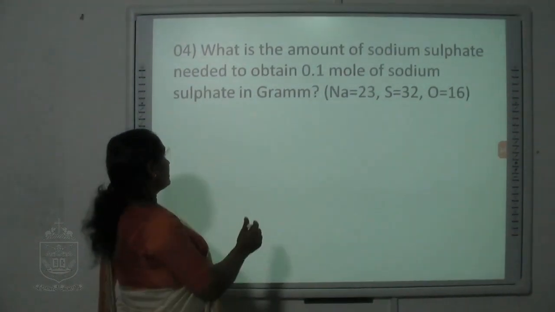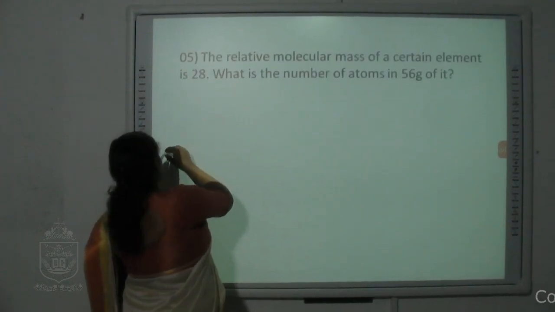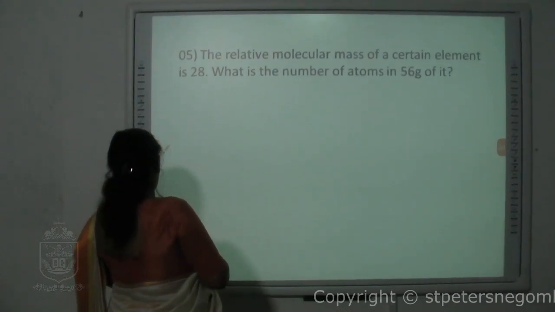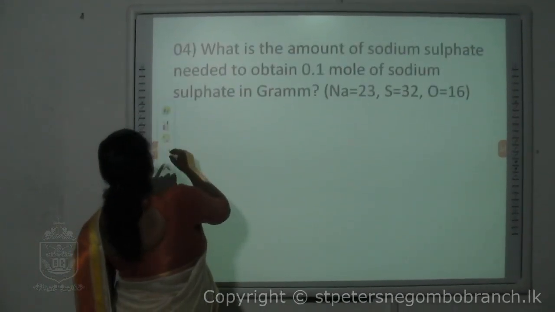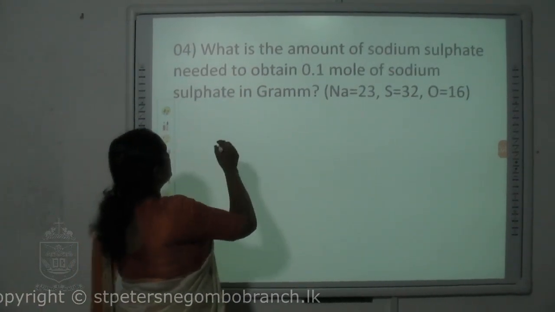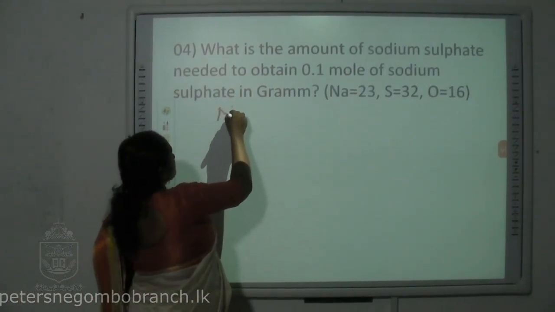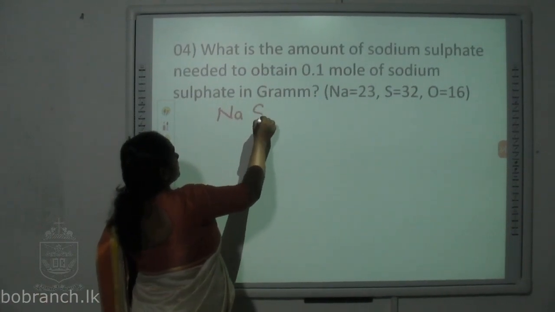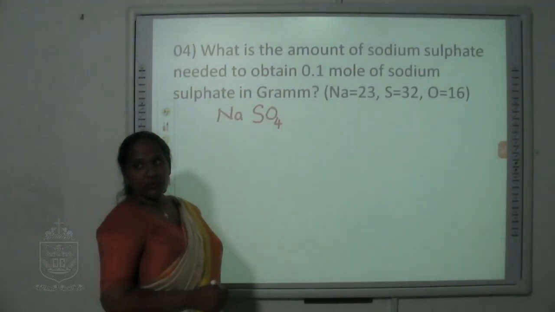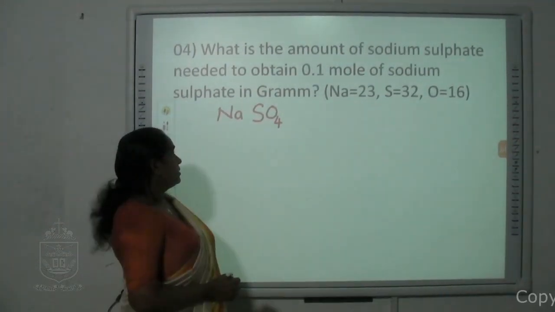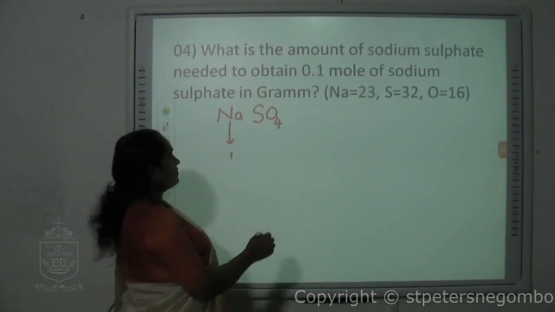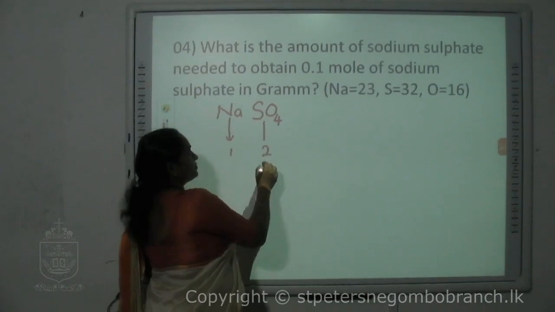First, see that. Sodium, Na; sulfate, SO4. In these two, we should know the valencies.